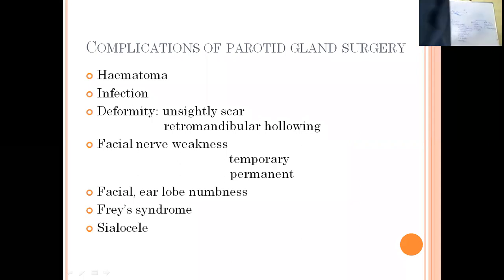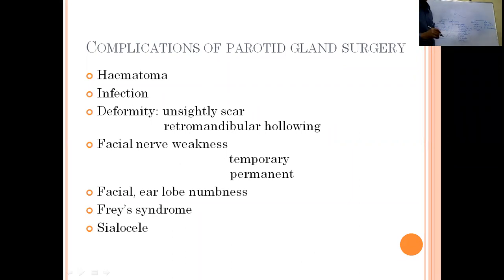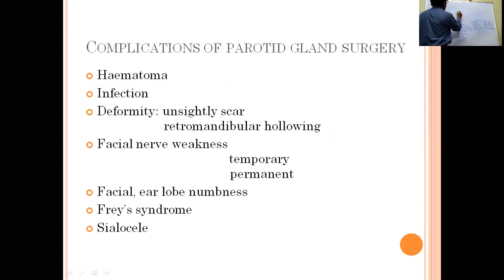Suppose this is the ear lobule and this is the tragus. And of course this is the mandible. Let us say this is the mastoid process. What you have to give is like this. It should start preauricularly, then go posteriorly over the mastoid, and then come parallel to the mandible.